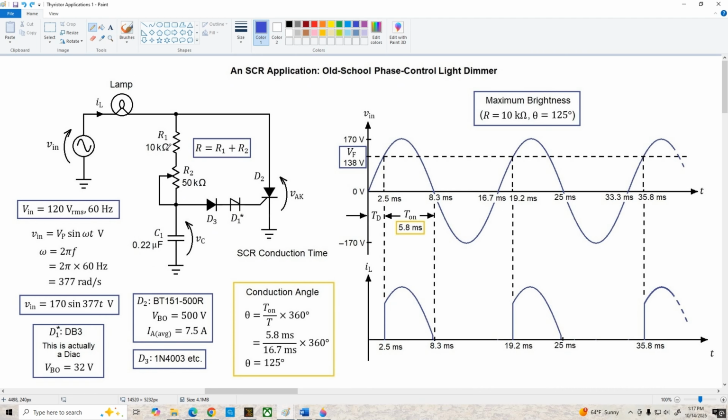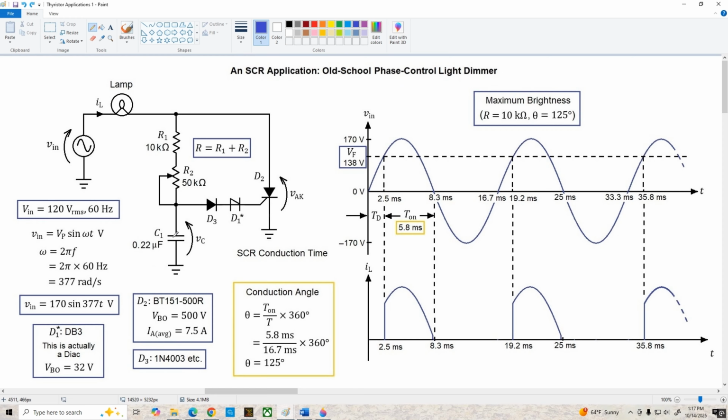Now, because we have an RC circuit, there's going to be a lagging phase shift in the voltage across the capacitor relative to the AC line, and that's why this is called a phase control light dimmer. When we change the resistance, we're going to change the phase lag associated with this voltage, and this way we can delay turn on past the peak over into this negative going portion of the positive half cycle.